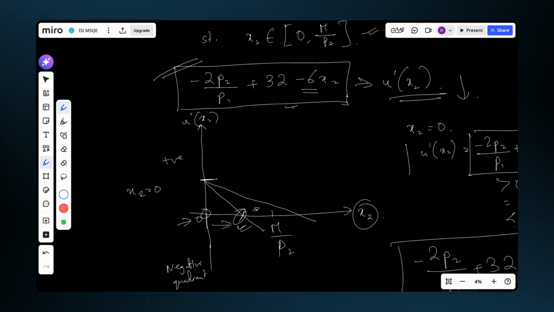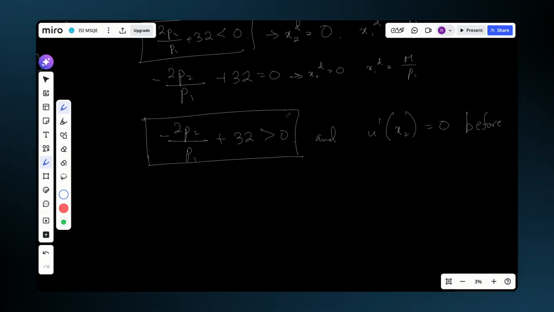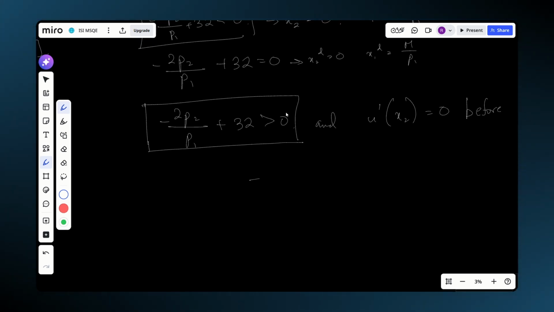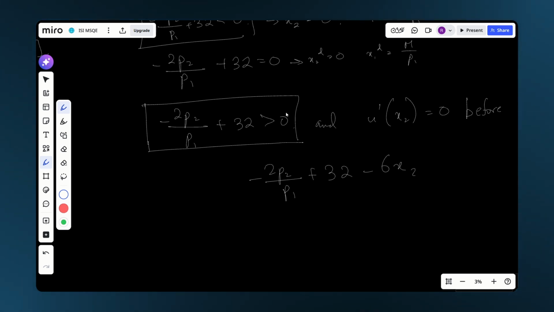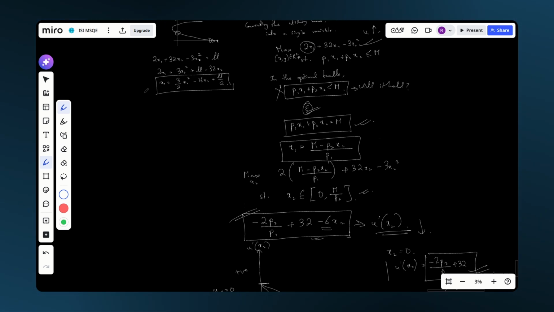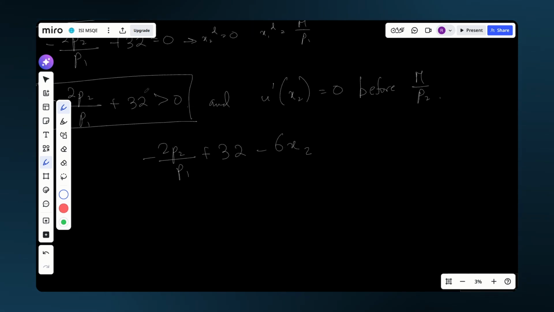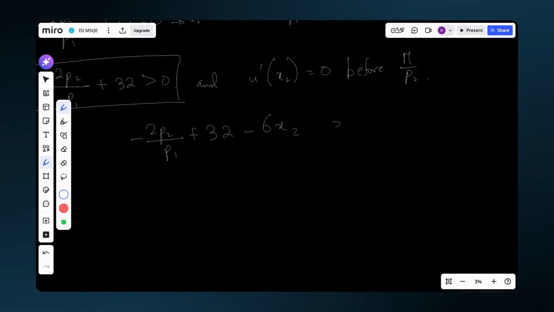So minus 2p2 by p1 plus 32 minus 6x2, yes, minus 6x2. This is equal to 0.